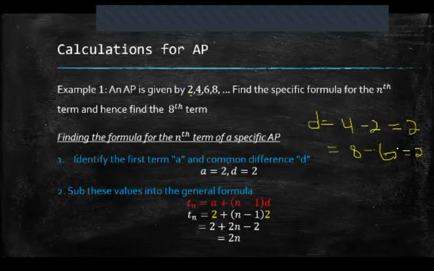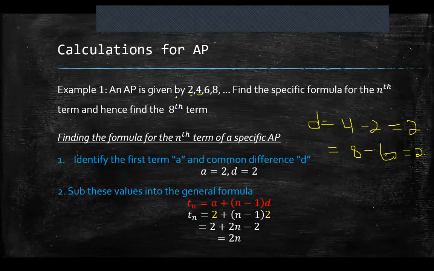Yes, right. So like I said, for this specific AP, you could eyeball the common difference. It's not that difficult. But what if you have, like, I don't know, fractions or something? It wouldn't be that easy, right? So just know how you calculate the common difference, just in case you can't look and figure it out.